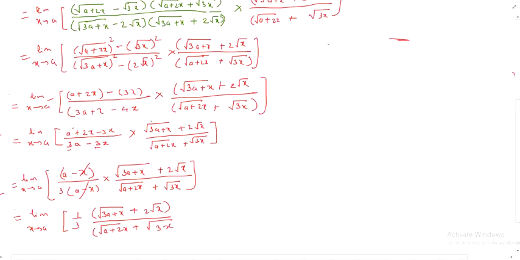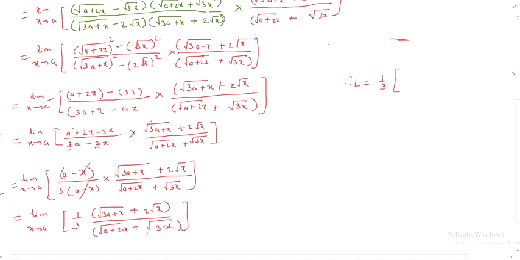Okay, so complete this bracket. Now you can see there is no term in the denominator due to which the denominator is going to become 0. So here we can now apply the direct limit. Therefore L is equal to, obviously 1 by 3 is constant.